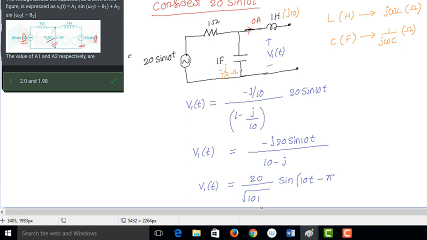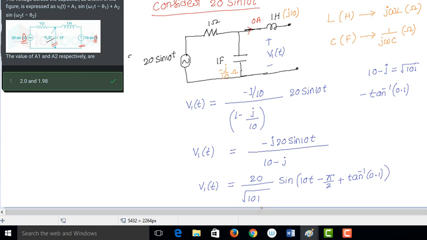Minus j means minus pi by 2, and the denominator 10 minus j has amplitude root 101 and angle minus tan inverse of 0.1. That goes to the numerator, so it becomes plus tan inverse of 0.1. This is my V1 of t.